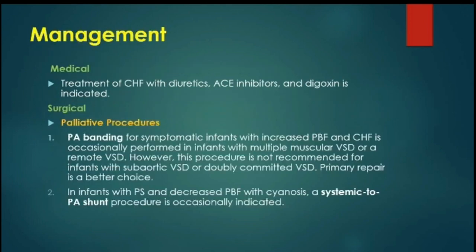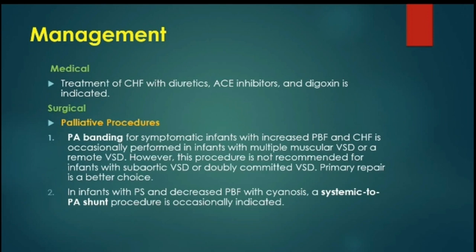Management of cases with DORV includes medical management with anti-failure medications such as diuretics, ACE inhibitors and digoxin. Surgical procedures include palliative procedures, either banding in cases with increased pulmonary blood flow and congestive heart failure, and VSDs that are not easily surgically approached.